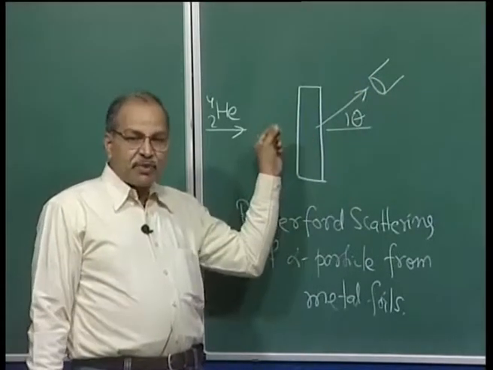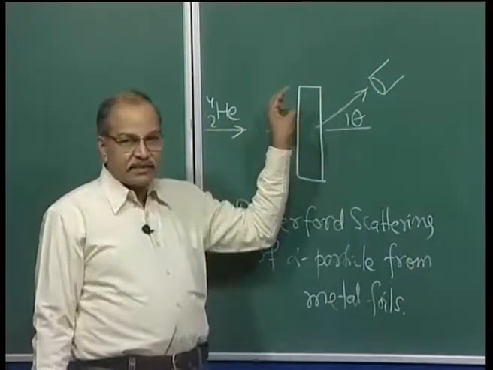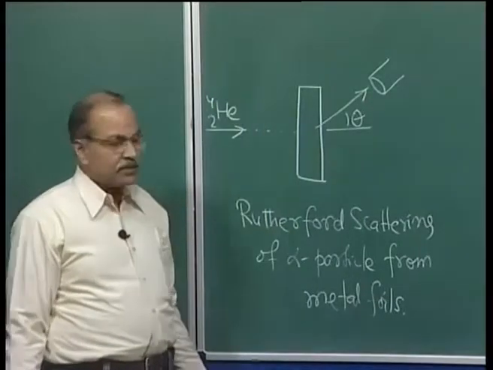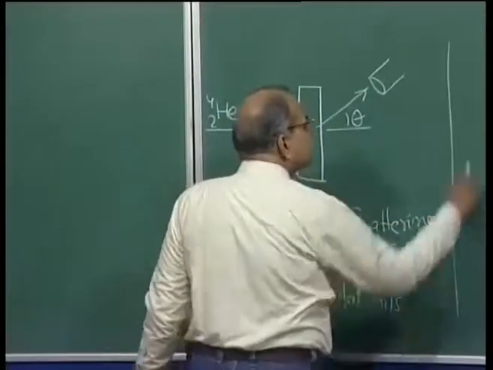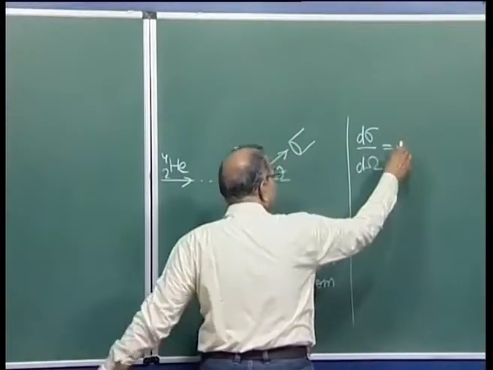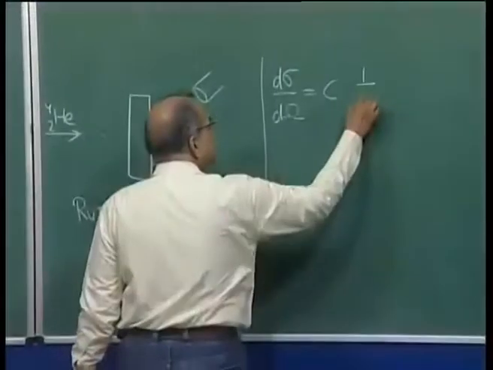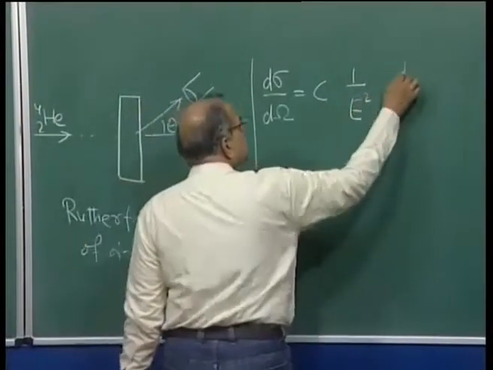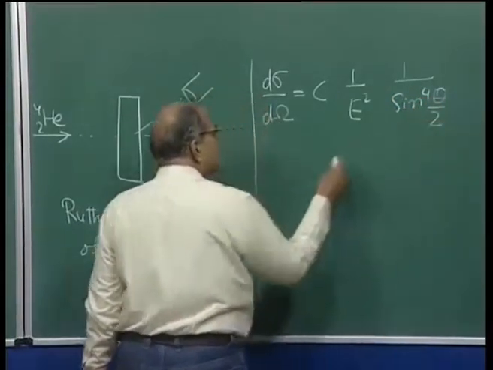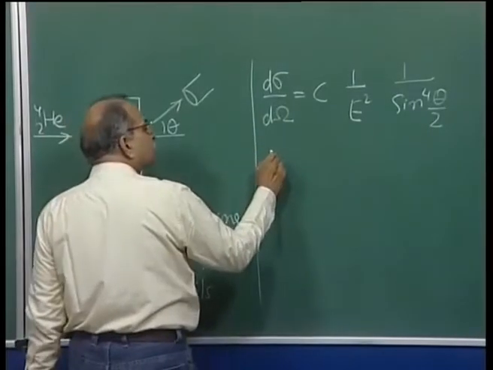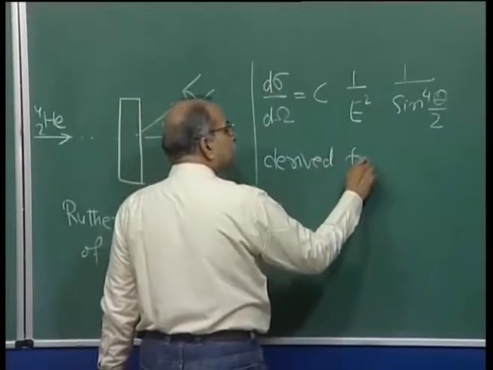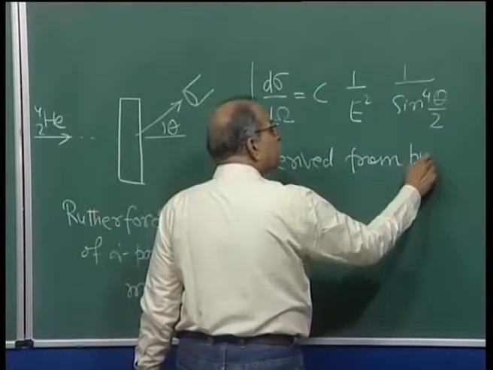But the interaction part, what deviates the particles, is in what we call the differential cross section, d sigma d omega, which turns out to be some constant, then energy squared in the denominator, and the angle dependence is here. This is derived from purely Coulombic interaction.